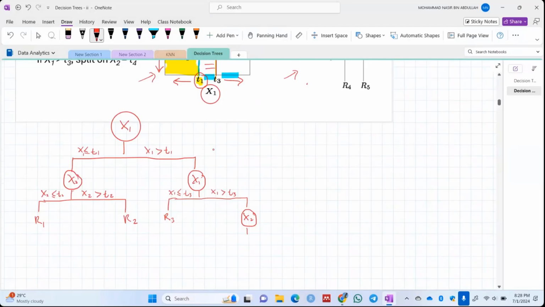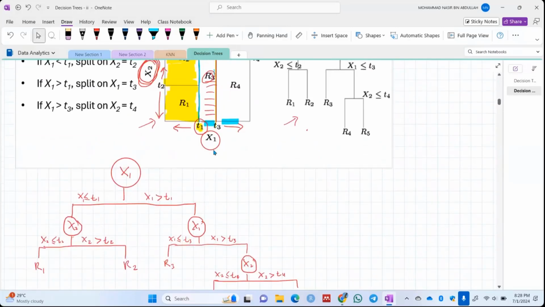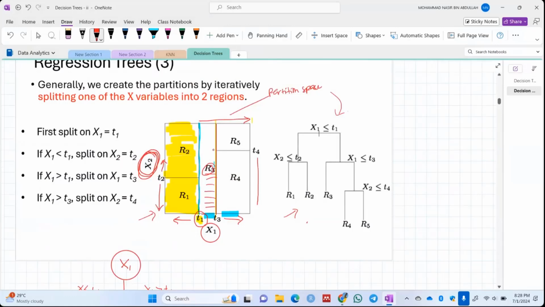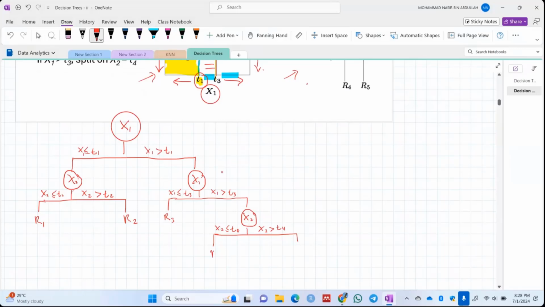The separation rule will be x2 less than or equal to t4, and x2 more than t4. When x2 is less than t4, we conclude region number 4. When x2 is more than t4, it is region number 5. So this is how we transform a partition space into a decision tree.